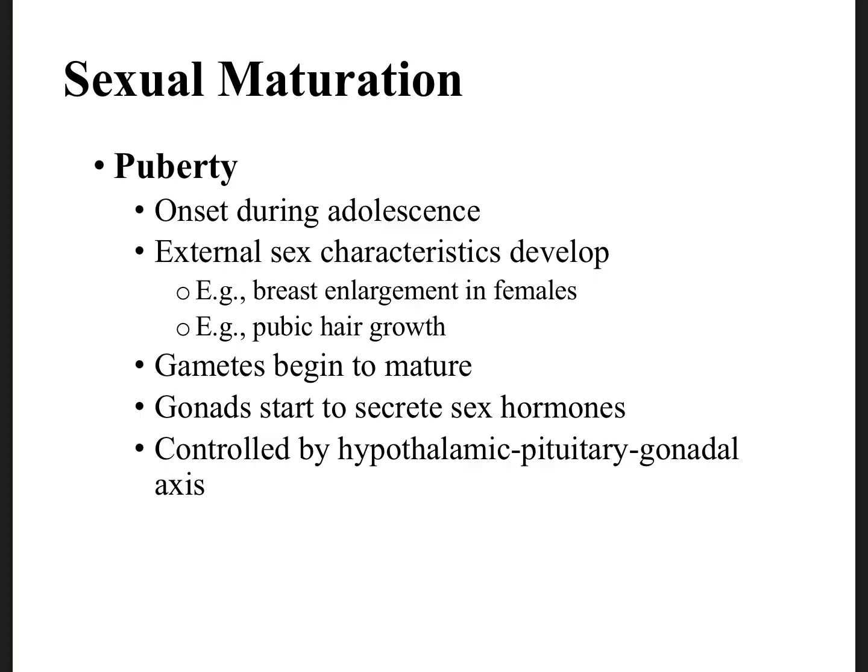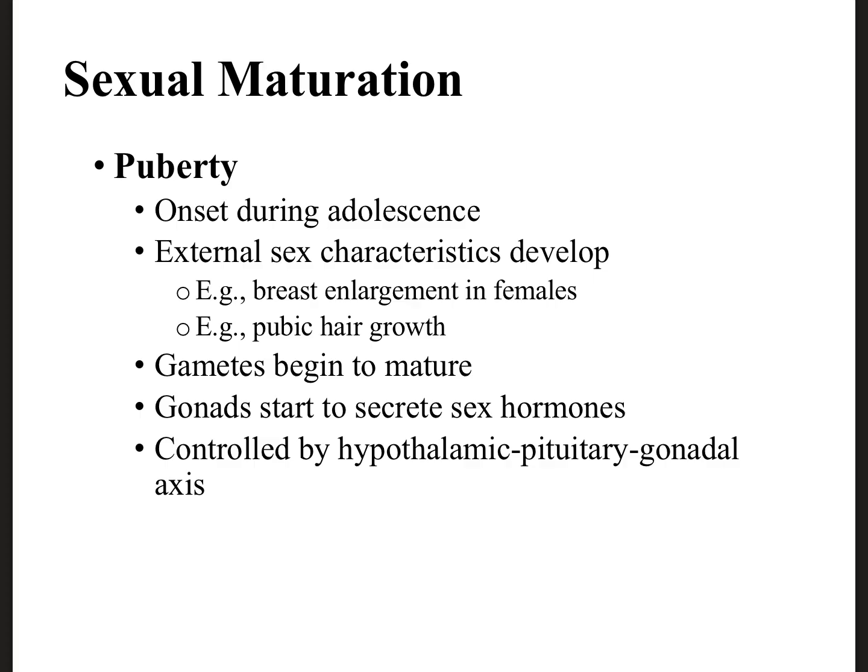It happens when the hypothalamus starts to produce GnRH at a higher, more regular level, which induces the production of FSH and LH from the pituitary, and that stimulates the production of estrogen and progesterone in females and testosterone in males. Those sex hormones then start to initiate the process of sexual maturation, and sex characteristics develop.